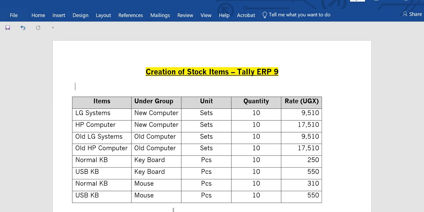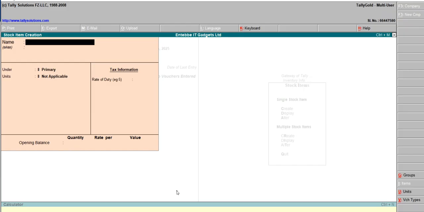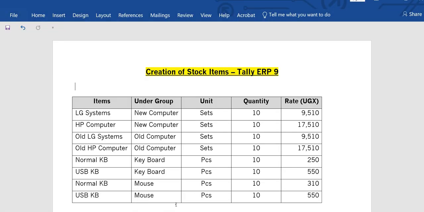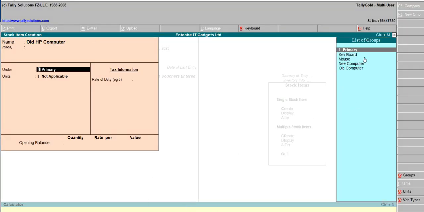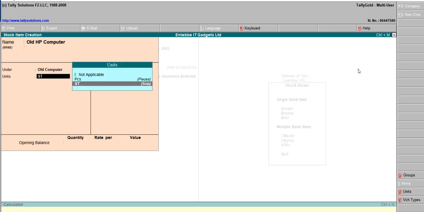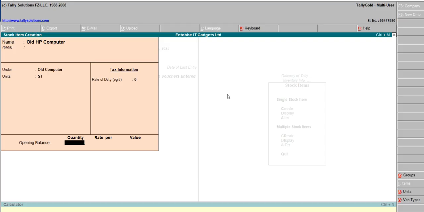Next is old HP computer. The group is old computer. Still, we are using sets as the unit of measure. Tax information we ignore.